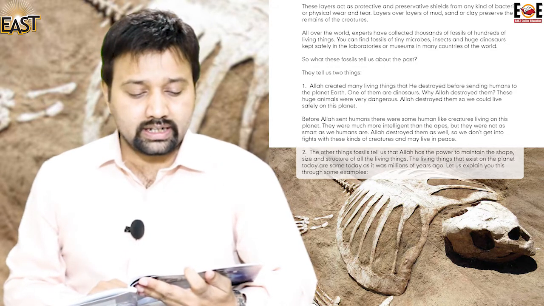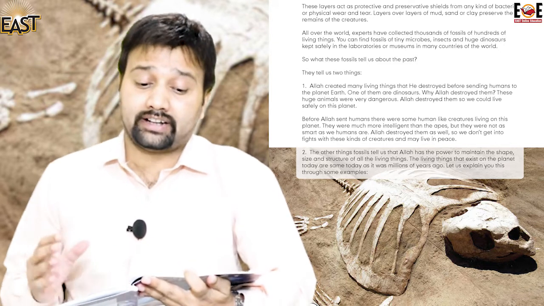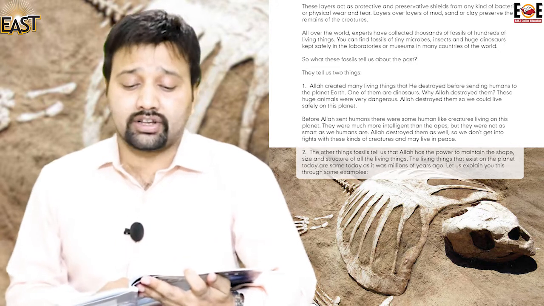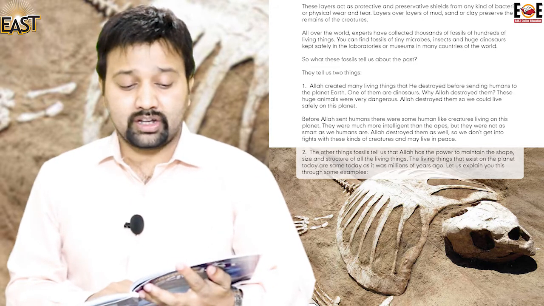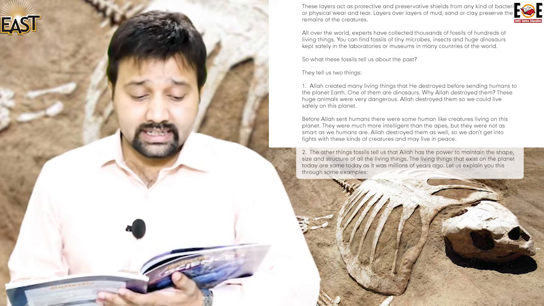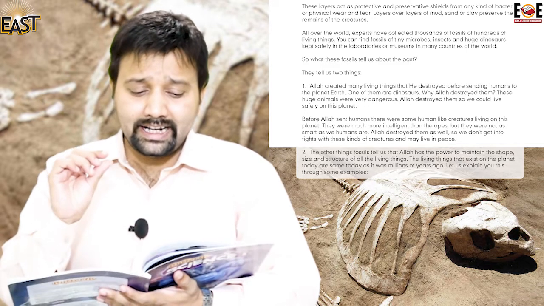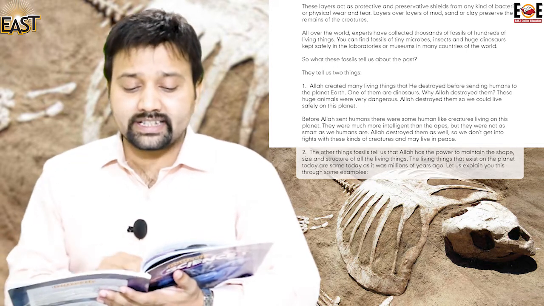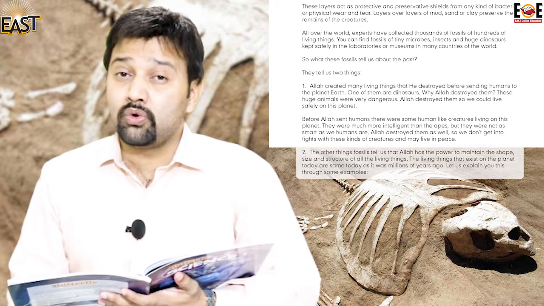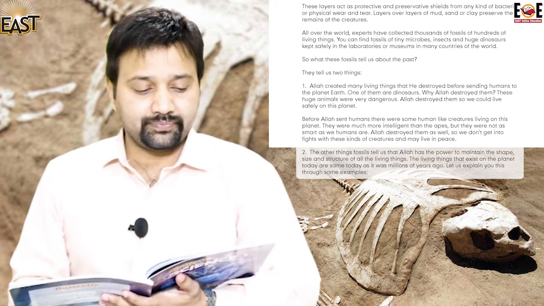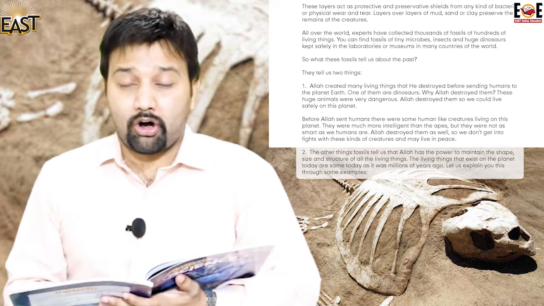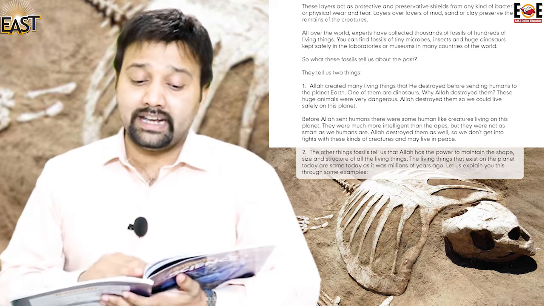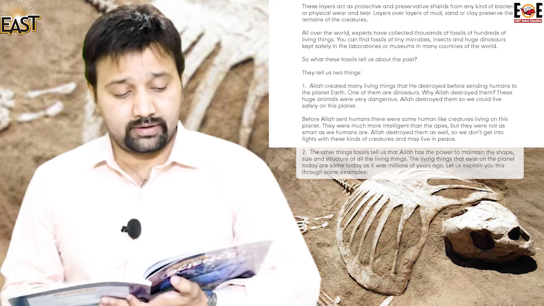All over the world, experts have collected thousands of fossils of hundreds of living things. You can find fossils of tiny microbes, insects and huge dinosaurs kept safely in laboratories or museums in many countries of the world.